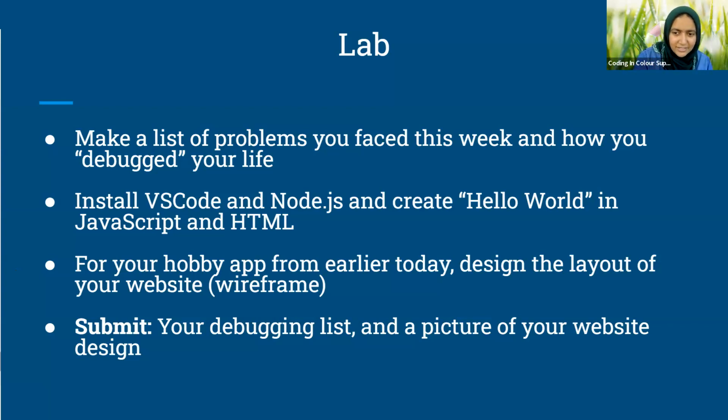Because if you understand the problem solving process, it's going to be a lot easier when we're looking at code to think about problem solving for the code. So just make a small list. I know I didn't put a number there, but let's say come up with five examples of things that you were trying to do, it didn't quite work, and then what you did to fix it.